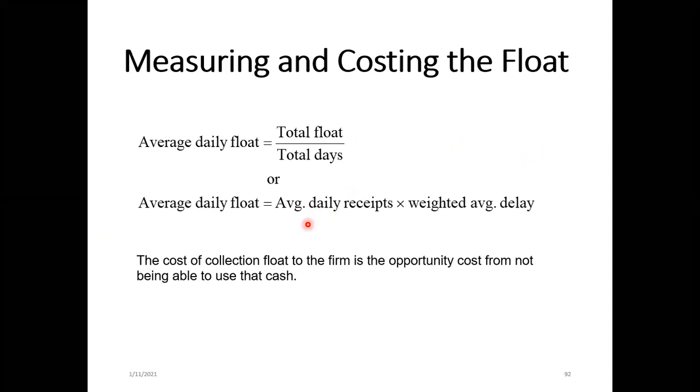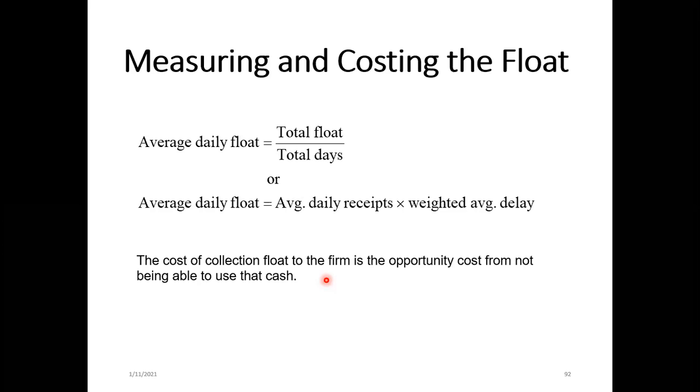There are two formulas. So the cost of collection float to the firm equals the opportunity cost from not being able to use the cash. For example, one of your customers has sent a check for 1 million rupees. He has posted 1 million rupees today, and he is situated in, for example, Colombo, which is in a lockdown area.